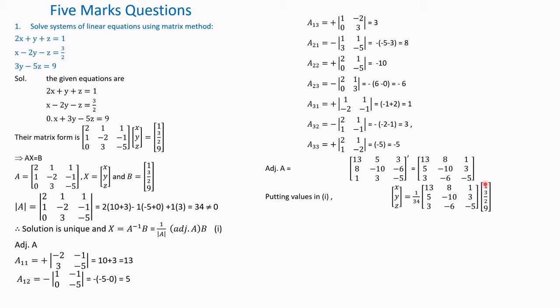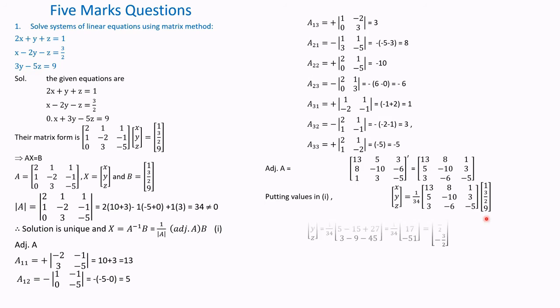B is 1, 3 by 2 and 9. Here you see 1, 3 by 2 and 9. We have substituted the terms of matrix X, adjoint A divided by determinant A, into matrix B. So this 34 we have calculated here.